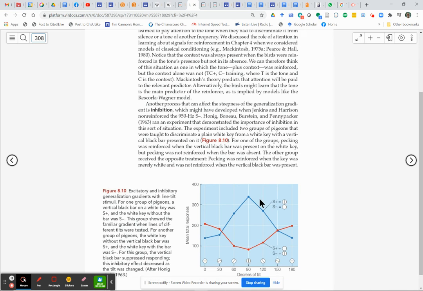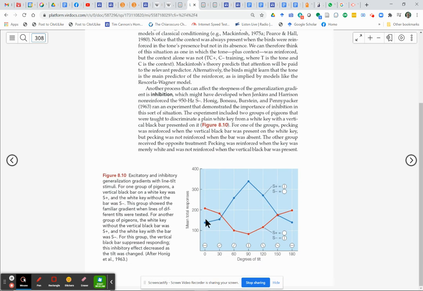And the concept that the S plus generates an excitatory curve and the S minus generates an inhibitory curve. And they sort of fight it out, where the S minus subtracts from the S plus and can push the S plus away from the S minus.